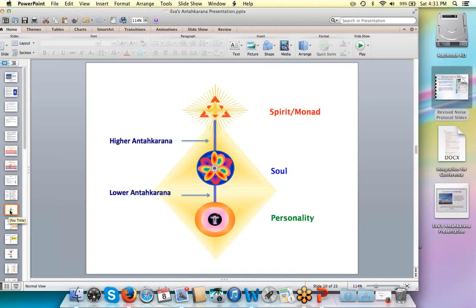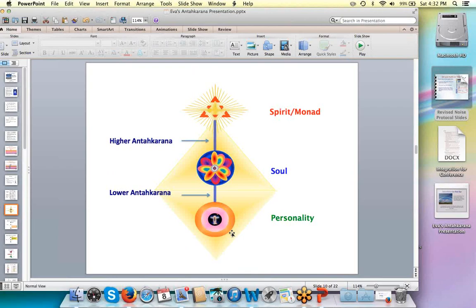Okay, here we go. So we have our personality, and everybody by now knows what the personality is: it is comprised of our physical etheric form, our emotional or astral body, and our lower concrete mind or mental body. All of that comprised together forms what we call a personality.